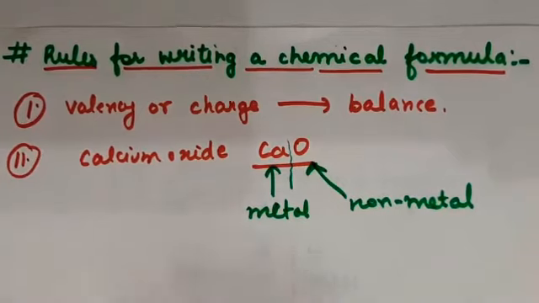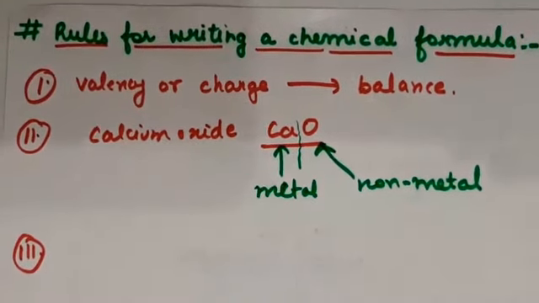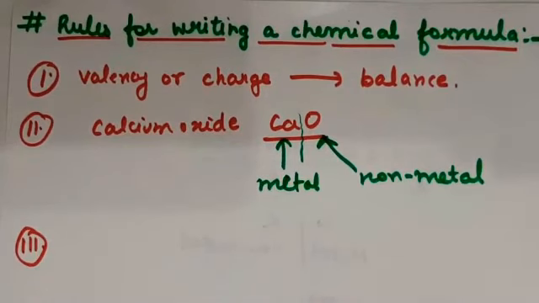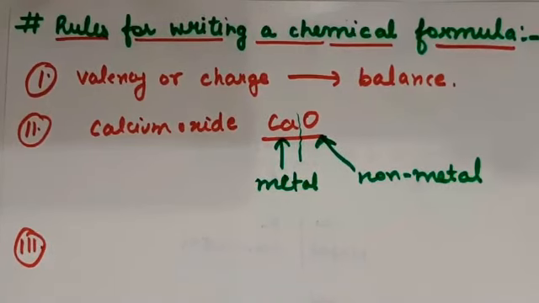The third rule is that for compounds formed with polyatomic ions, the ion is enclosed in a bracket. Whenever a compound is formed with a polyatomic ion, the ion is enclosed in a bracket before writing the number, in order to indicate the ratio.